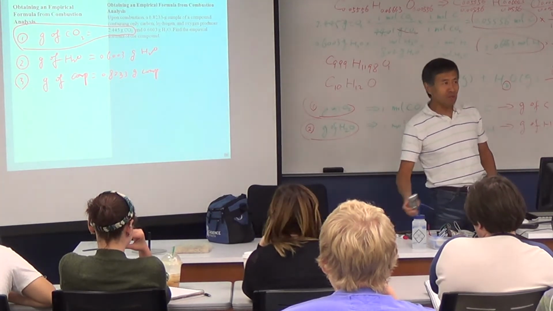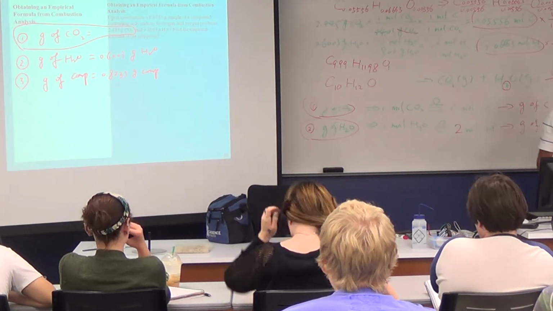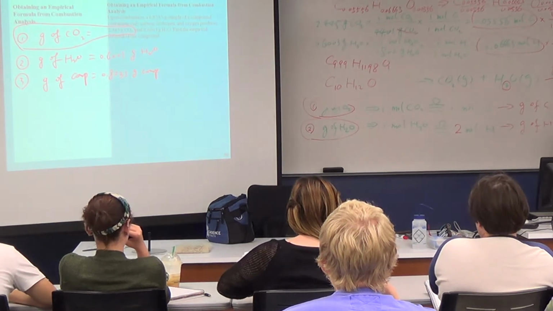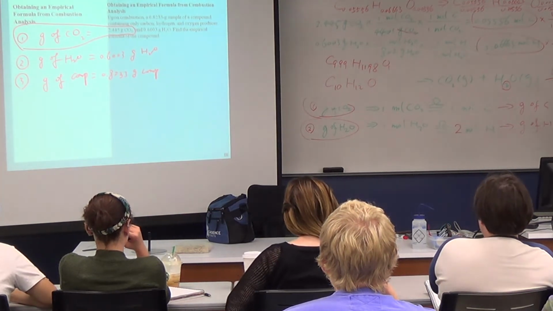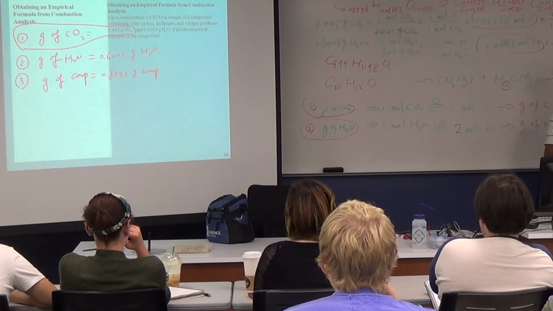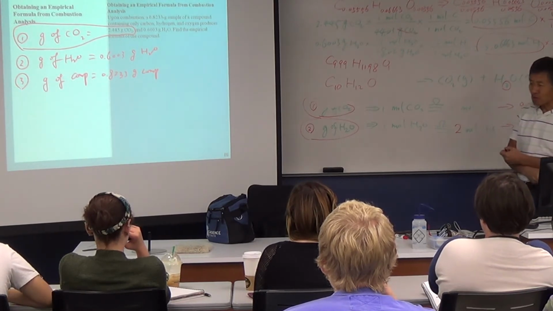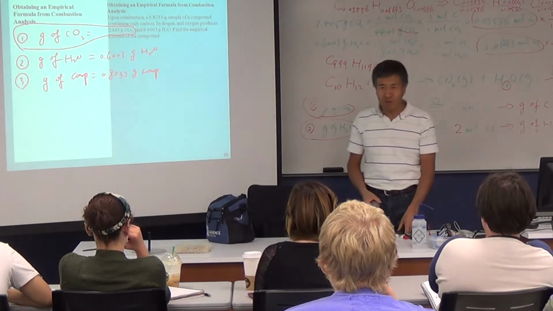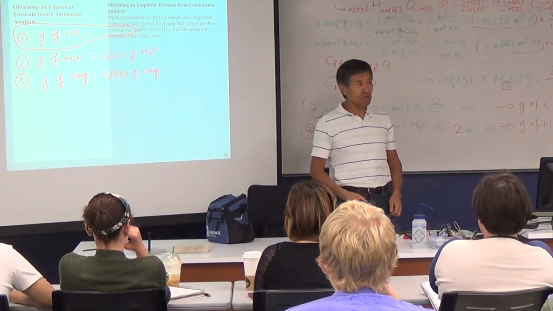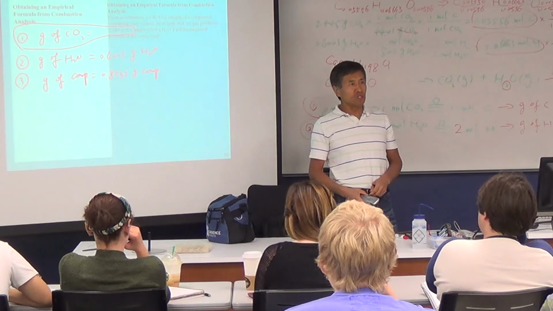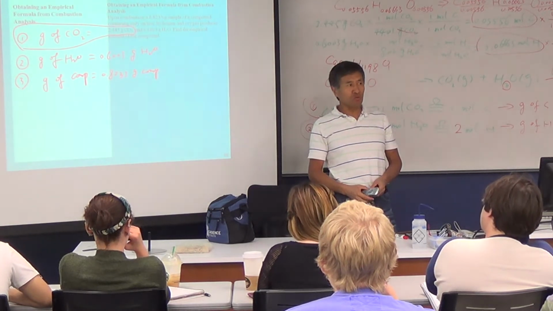This is probably difficult to memorize mechanically, so just make sense of it. As I emphasized at the beginning, don't try to memorize the steps. What you want to do is find the empirical formula, which means you find the moles. So just think about those different ways to find the mole.